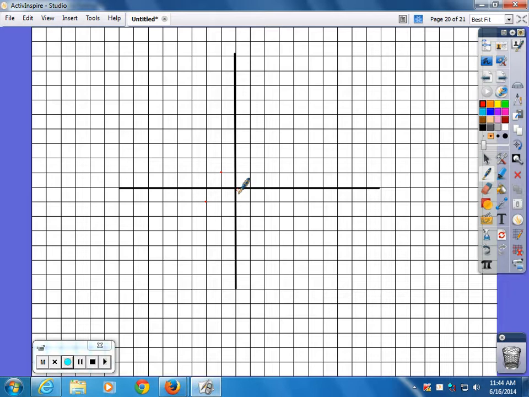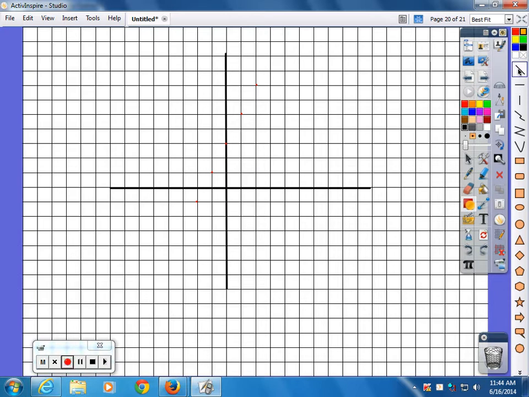Next one? 0, 1, 2, 3. Next one? 3, 4, 5. And then the next one, 2 and what? 7. That's 5, 6, 7. Now I'm going to take my handy dandy red marker and, oh well, so much for the red, but there it is.